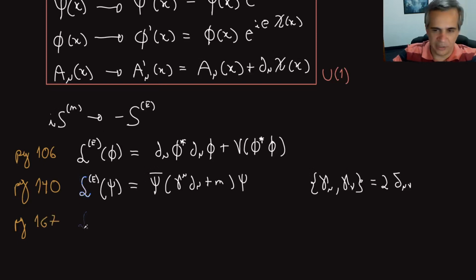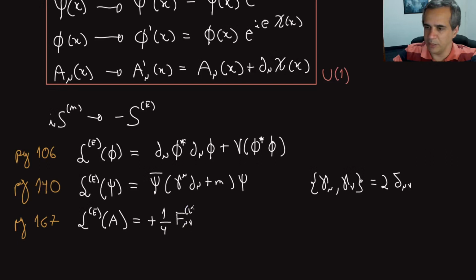I show the same for the electromagnetic part at page 167, and the result was this, plus 1/4 F mu nu squared. All these functions are now the Euclidean versions, and I'm not repeating Euclidean everywhere.